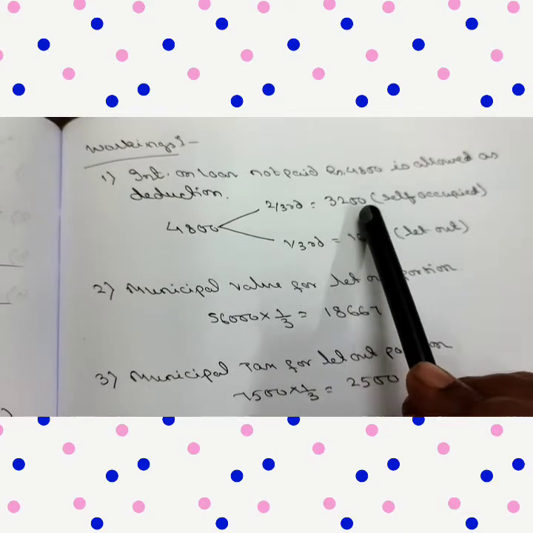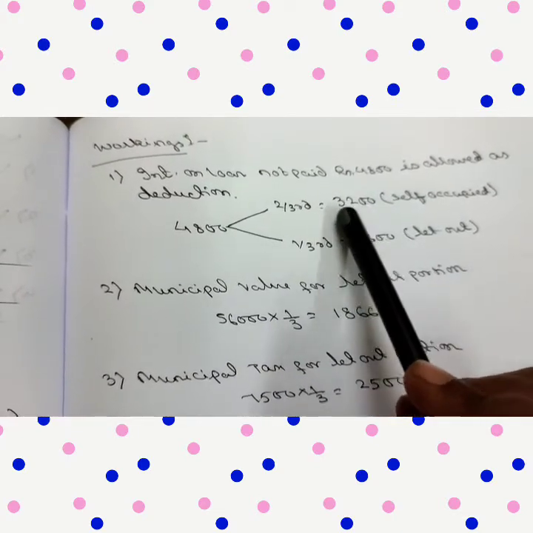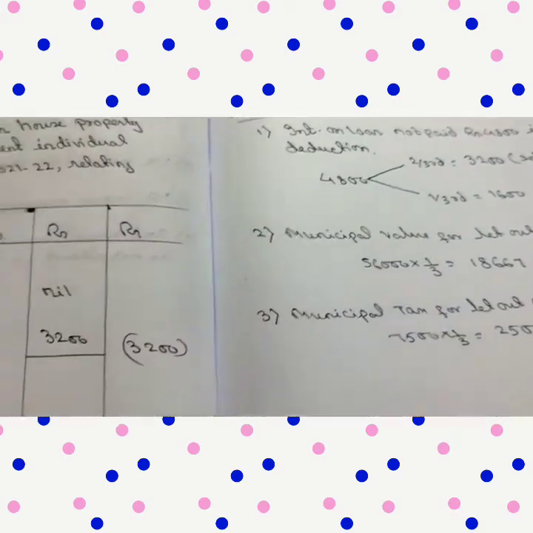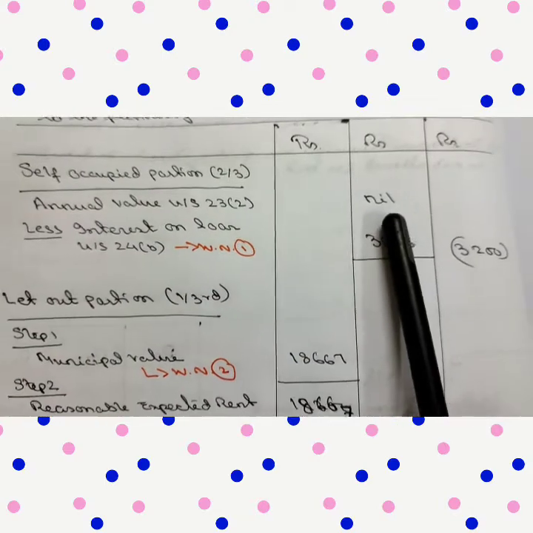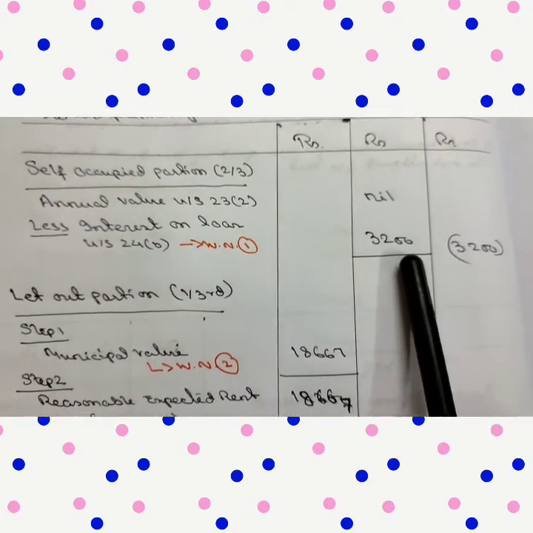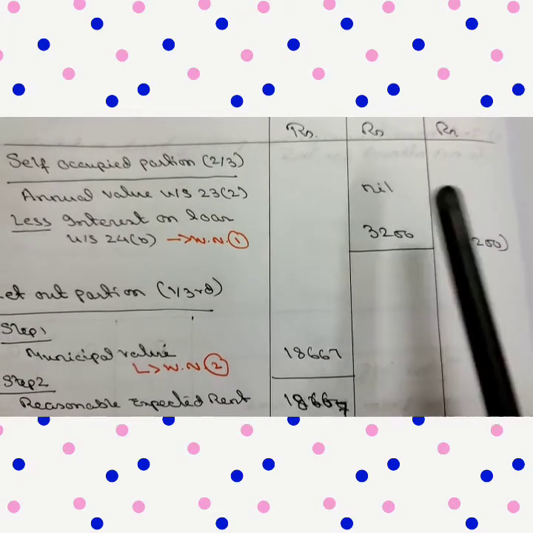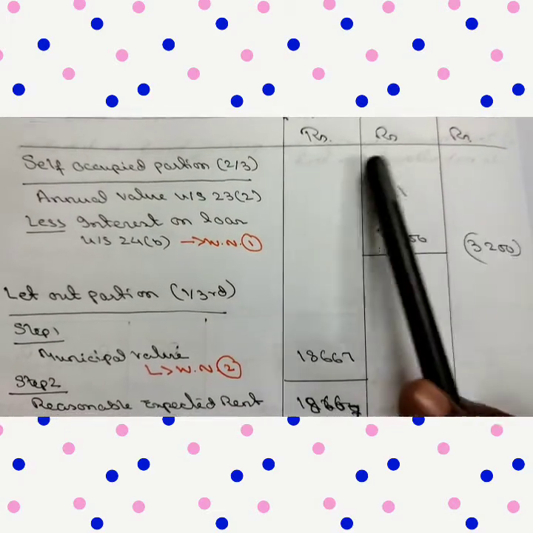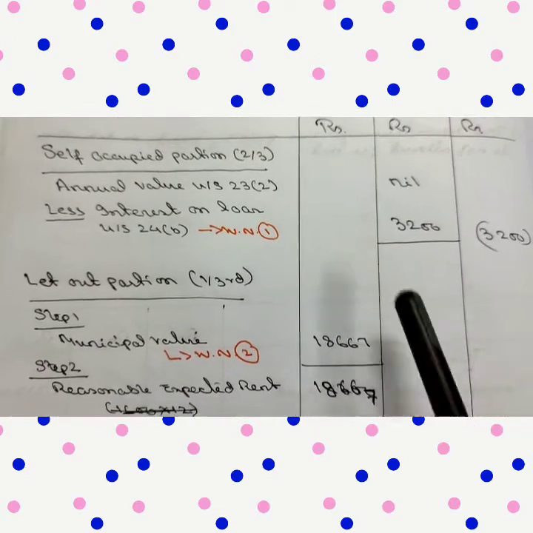So from the self-occupied portion, the amount deductible for interest on loan is 3,200. So from the self-occupied portion annual value, you have to deduct this 3,200. This will be negative 3,200 income from this part, that is the part used by the owner for his own residence.